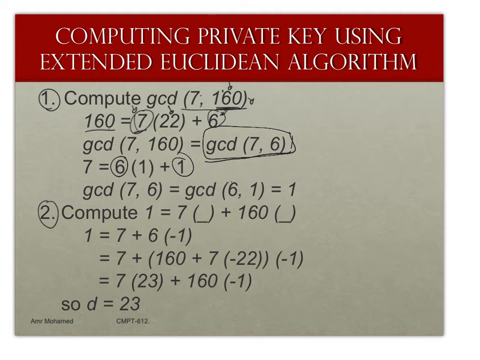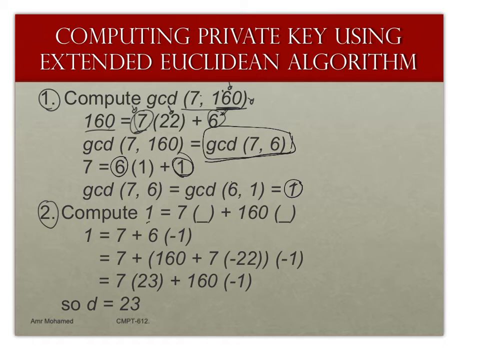Although for these two numbers we could maybe do it in an easier way, these steps are very important. Why? Because if we do the reverse engineering of this, we can always calculate the 1, based on the fact that this 1 is actually 7 plus 6 times minus 1.